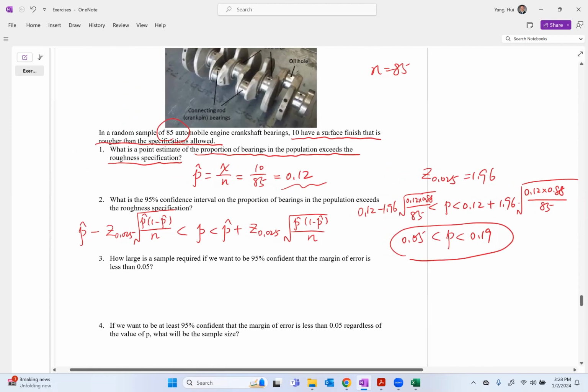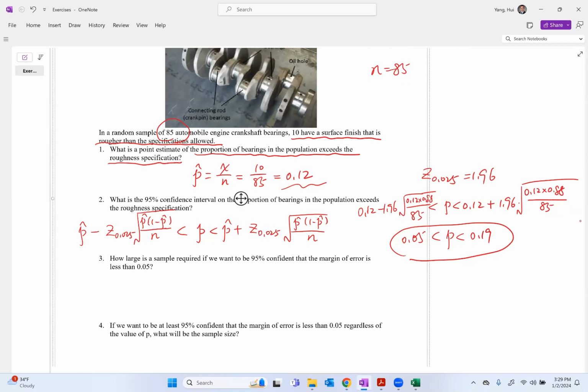So the third question: how large is the sample required if we want to be 95% confident that the margin of error is less than 0.05? So what is the margin of error?